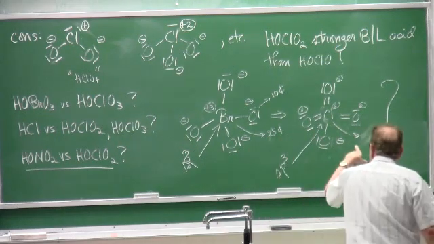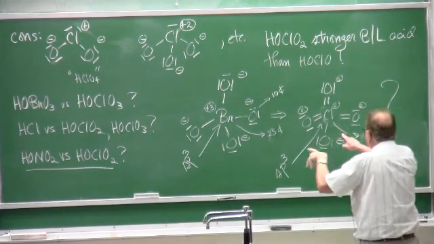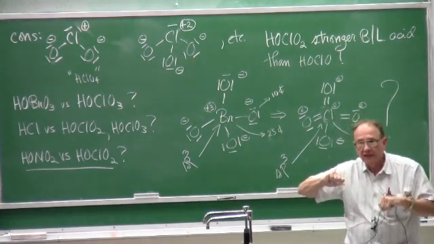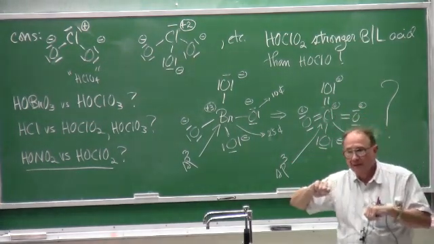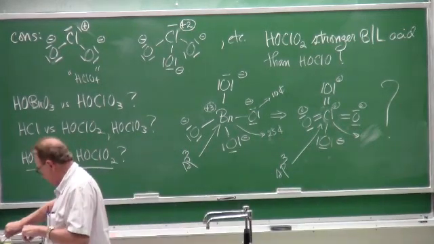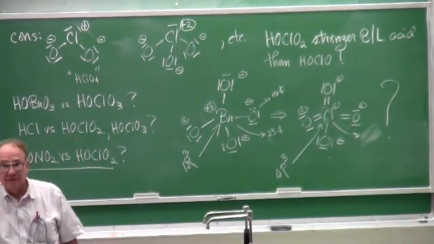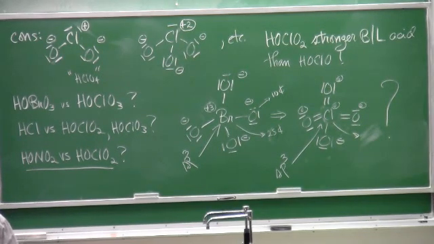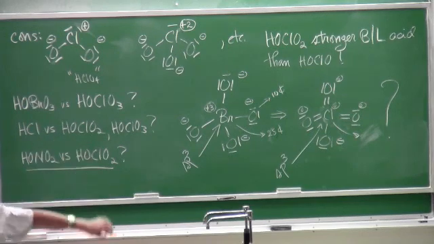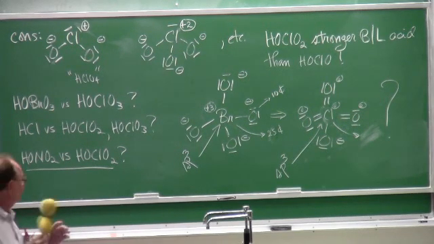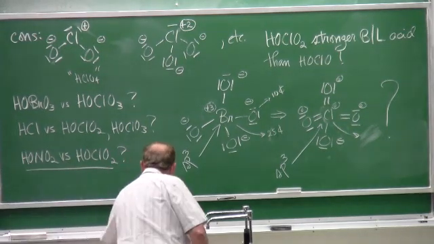So, what orbitals can these central atoms use for pi bonding? What kind of orbitals are these? D. Chlorine, bromine, they got valence d orbitals? Yeah.